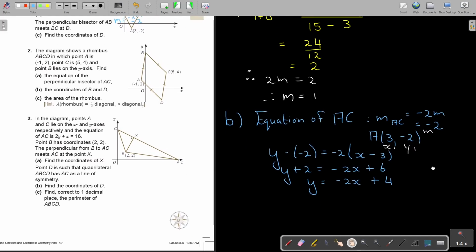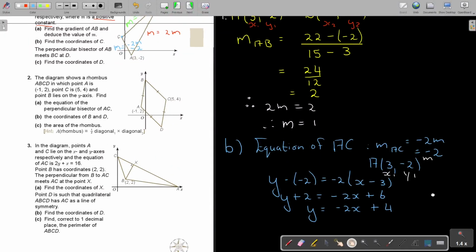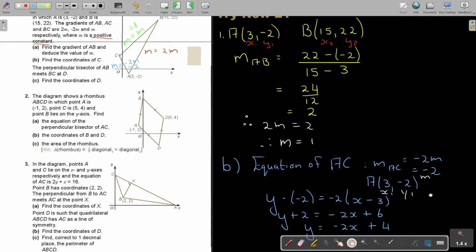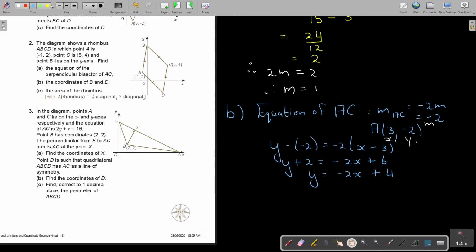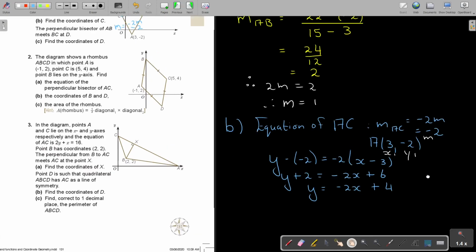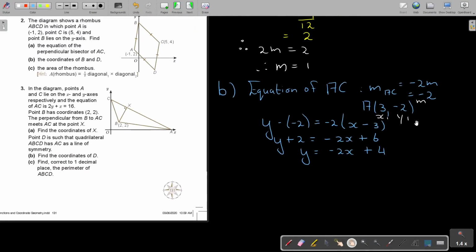Now let's find the equation of BC. Don't forget that the gradient of BC is m, which is equal to 1.